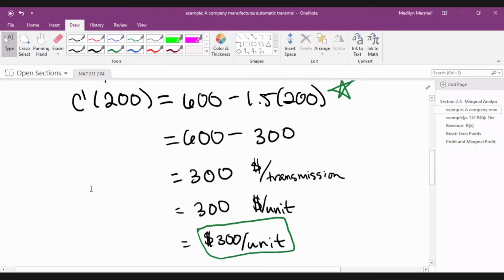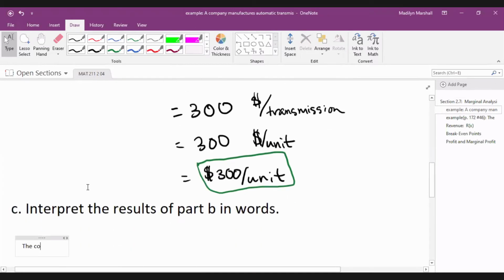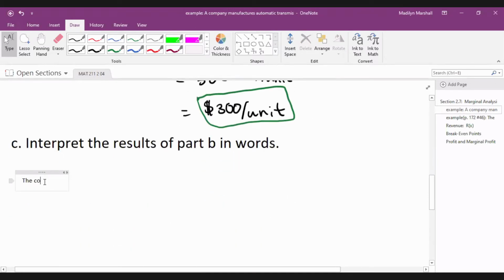Any transmission above the 200th transmission would cost $300 to make. Right, exactly. So those first 200 transmissions, at this point, we haven't done any work to figure out how much each of those cost. We're looking at how much it would cost to make more transmissions above the 200.